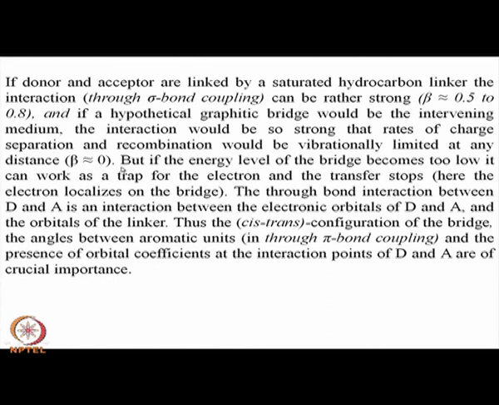But if the energy level of the bridge becomes too low, it can work as a trap for the electron and the transfer stops. Here the electron localizes onto the bridge.